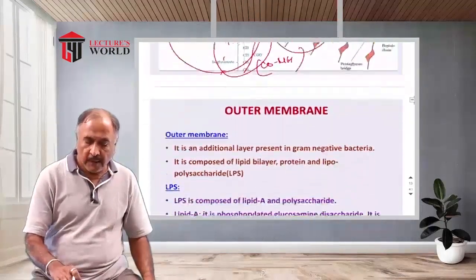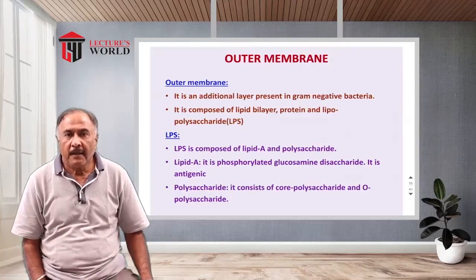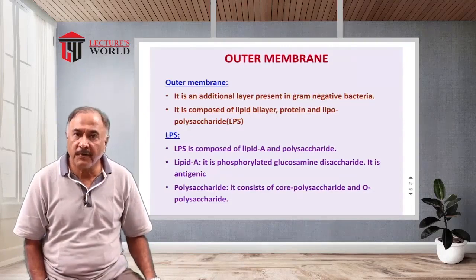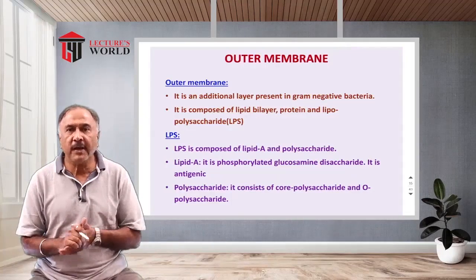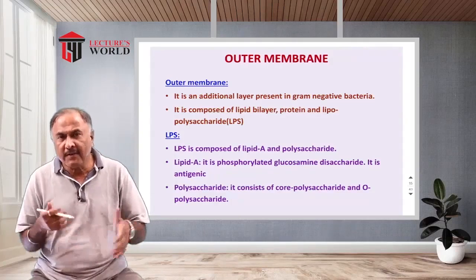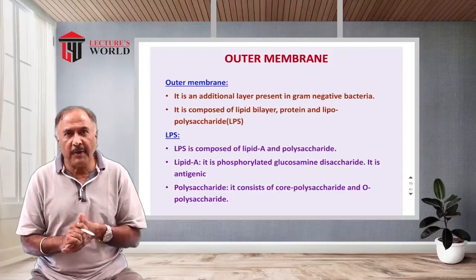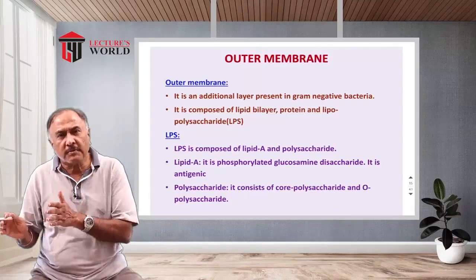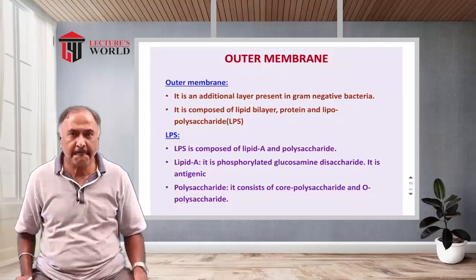Okay. Now let us come to the cell wall of gram-negative bacteria. The cell wall of gram-negative bacteria is made up of lipopolysaccharide, and it is nowadays referred to as the outer membrane of bacteria. Why is it known as the outer membrane? Because the structure of this outer membrane resembles the structure of the actual cytoplasmic membrane.